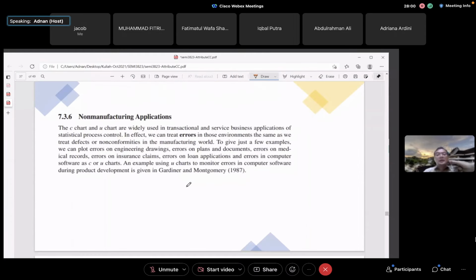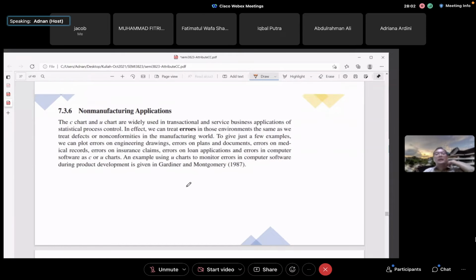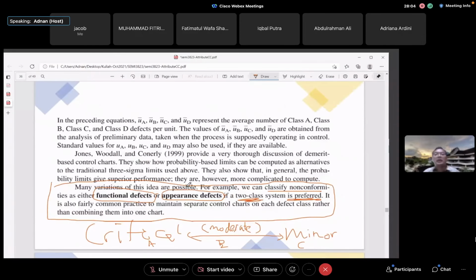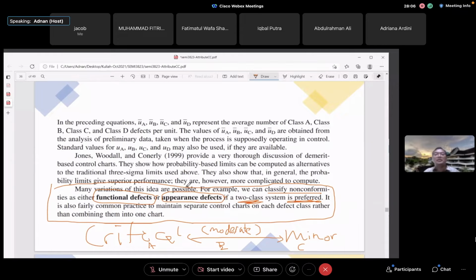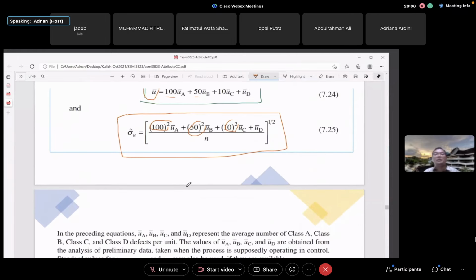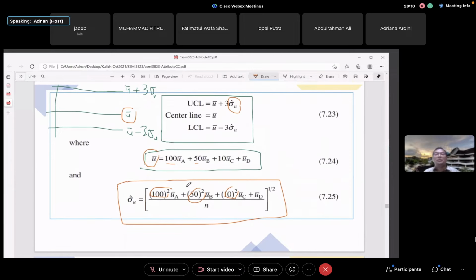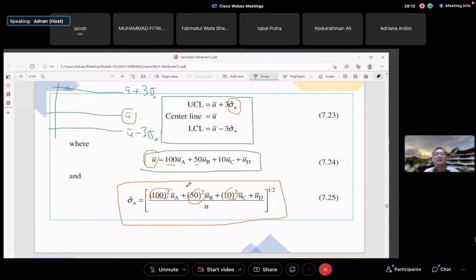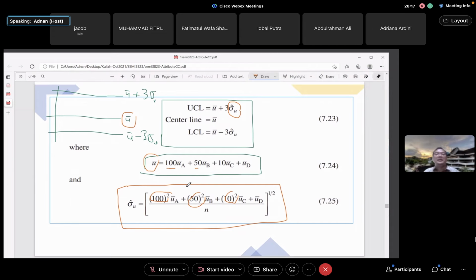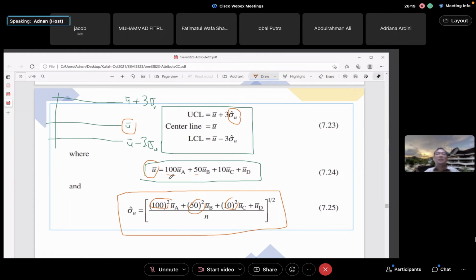Alright, if you don't have an example in your textbook for this one, I will try to find an example for you to understand this better. The difficulty you may have is getting the sigma here.